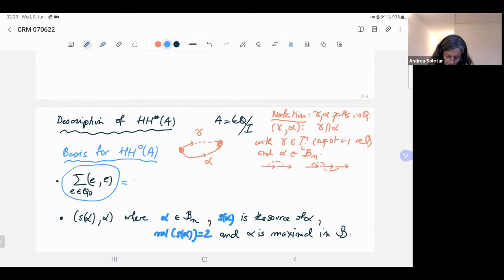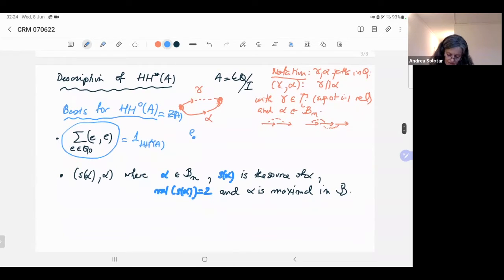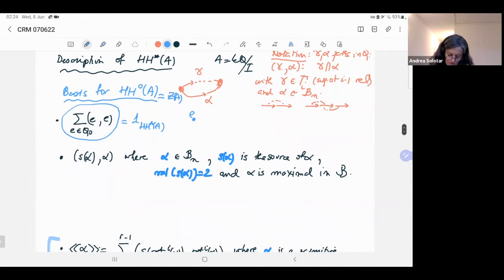And it means that for each vertex e, you consider the path that is e parallel to e, of length 0, and they satisfy by definition these conditions. And then you add them. And this is because H^0 is the center of the algebra, so this element is going to be in the center of the algebra.